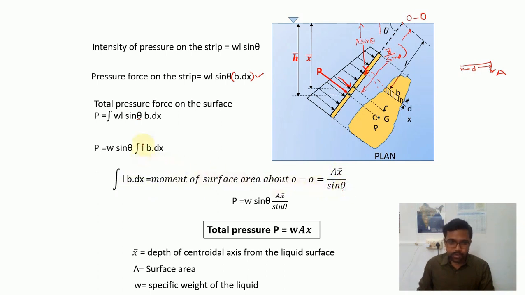So the integration of LB dx is replaced with A x bar by sine theta. Now the sine theta gets cancelled, and the total pressure P is equal to w A x bar. You can observe that in the previous case, for horizontally immersed bodies, the total pressure is w A x bar. So here also, the total pressure is equal to w A x bar.